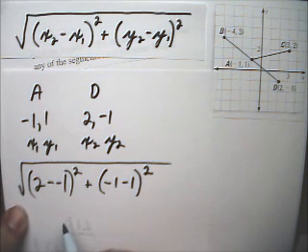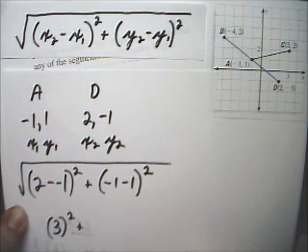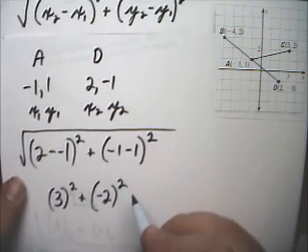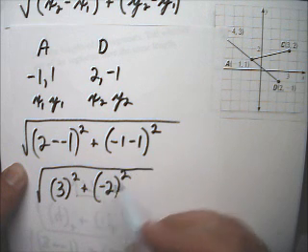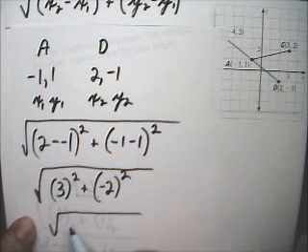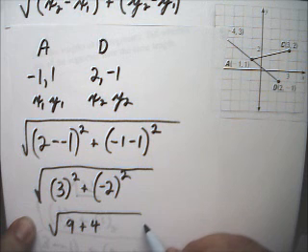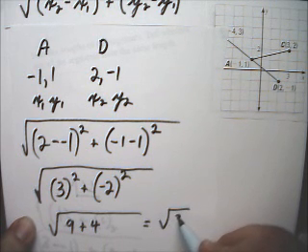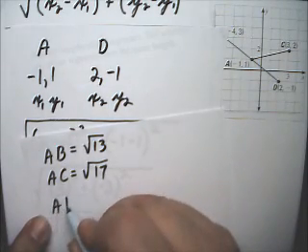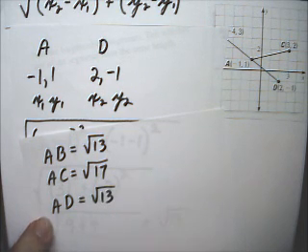So 2 minus a -1, that's 2 plus 1, which is 3. So we'll have 3 squared plus -2 squared, and it's the square root of all of this, of course. So we will have the square root of 9 plus 4, and that's radical 13. So AD is equal to the square root of 13.